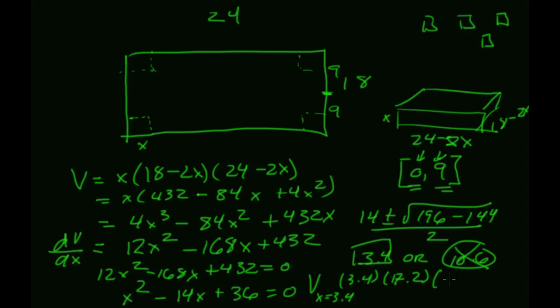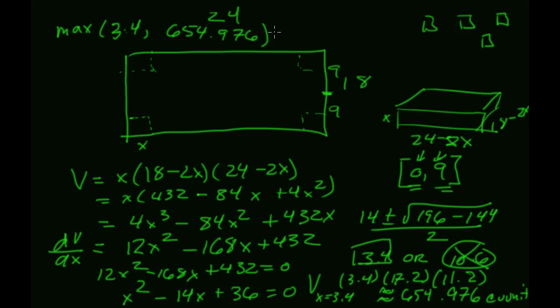That gives me approximately 654.976 cubic units. So the maximum occurs when the snipping is done at 3.4 inches, which gives me 654.976 cubic units of volume.